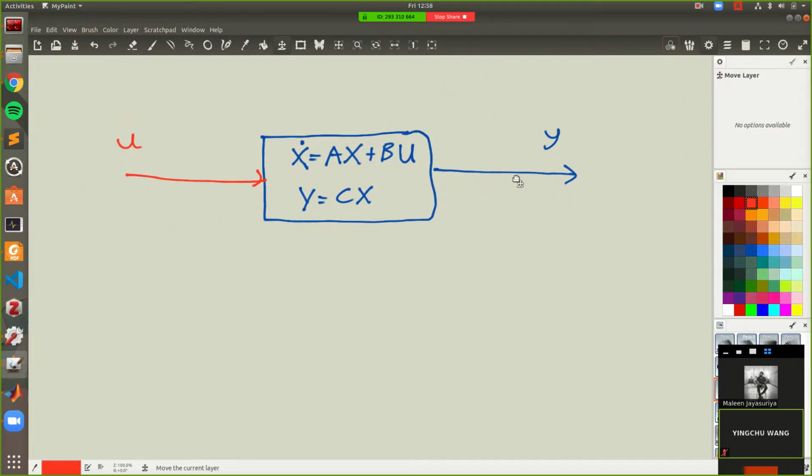Pole placement is basically where we don't really take the output, we take the states itself, that is x, and we feed it back.